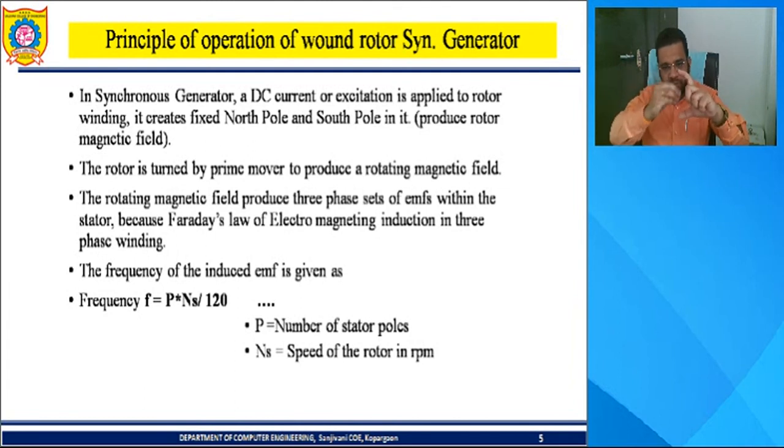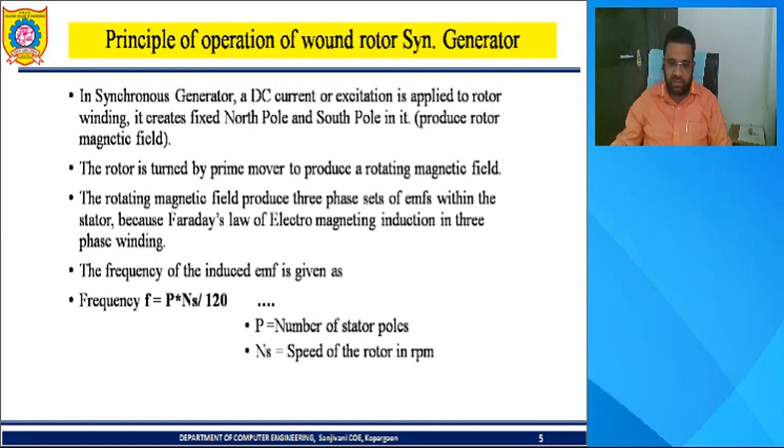When the rotor moves, it moves the flux, which travels in a circular path. Because of this, it is cut by the stationary winding. As it is a three-phase generator, the winding is also three-phase. So it produces a three-phase EMF, and if we take the output, a three-phase voltage is generated.